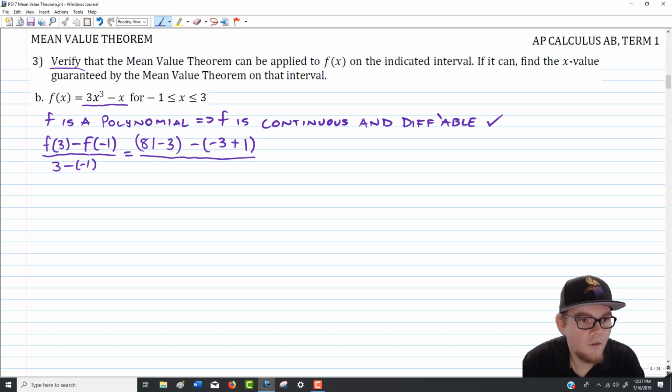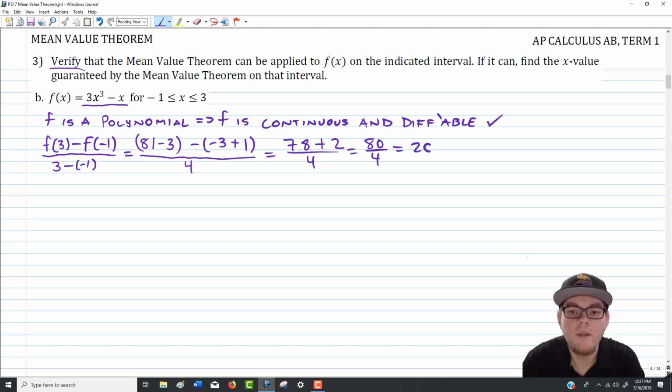All of this will be over 3 plus 1 is 4. Cleaning up, we get 78 minus a -2 over 4, which is 80 over 4, which is 20. So we found our average rate of change. That's half the battle, or more likely a third of the battle, maybe 2/5 of the battle, I don't know. That was the first piece that we needed.